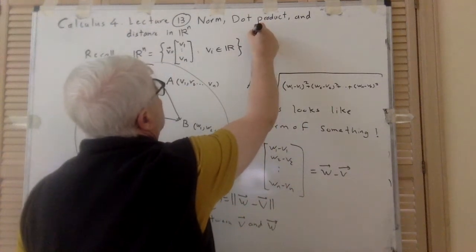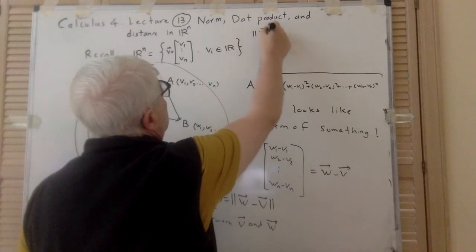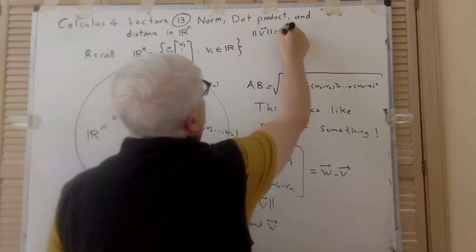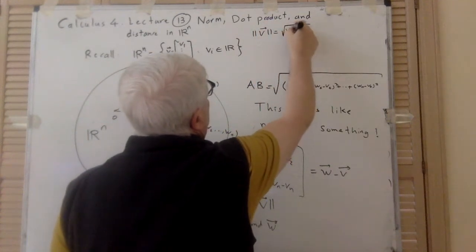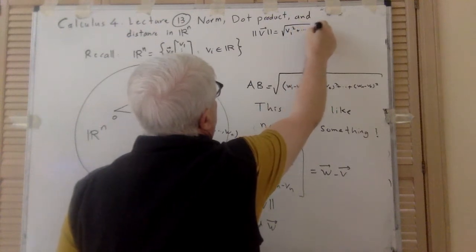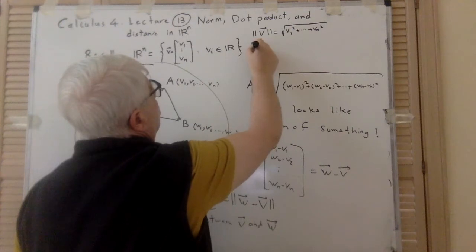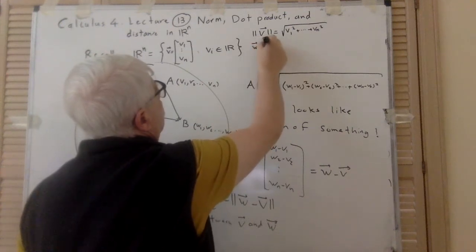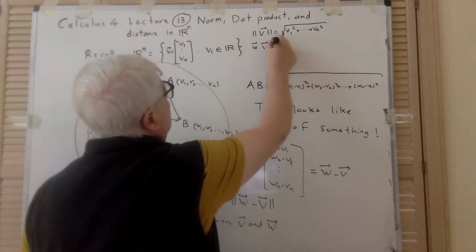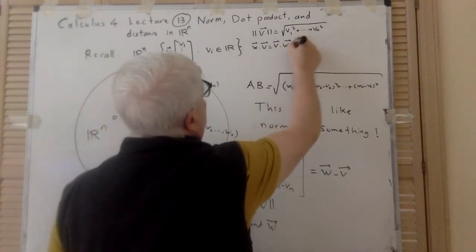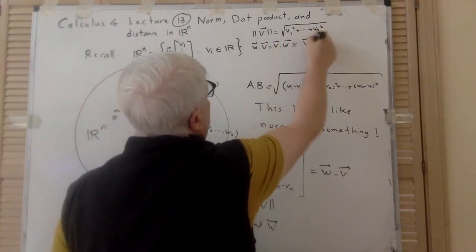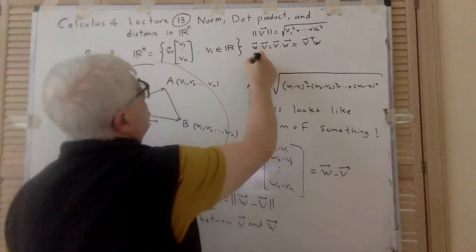So the norm of V is the square root of V1 squared up to Vn squared. Then the second one was W dot V or V dot W, no difference. They are the same, and that is V transpose times W as matrices.